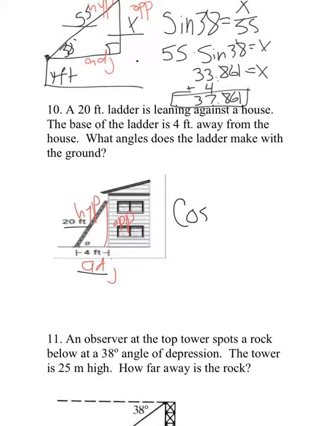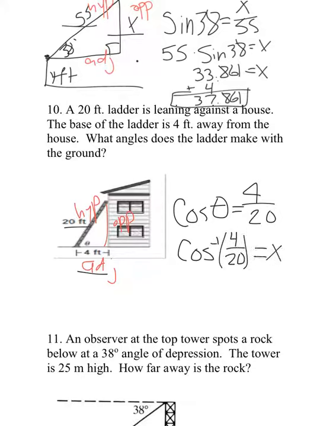That's cosine. You're going to have cosine theta. Again, theta is just a variable. It's like x. It doesn't matter. If you want to put x there, it wouldn't change anything in the world. It equals the adjacent 4 over the hypotenuse 20. You're going to rewrite this as the inverse. Cosine negative 1 of 4 over 20 goes here, equals x.